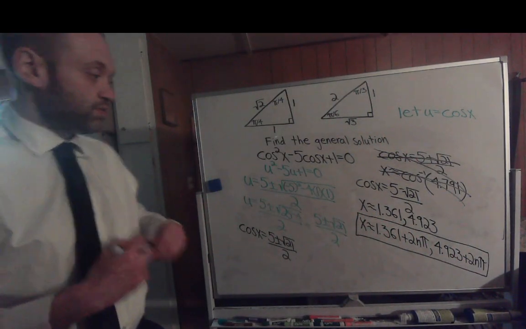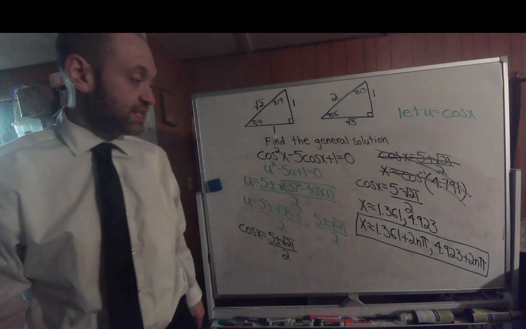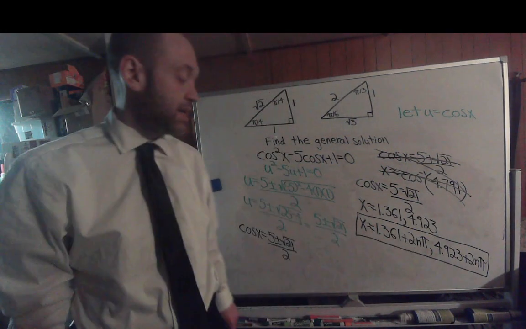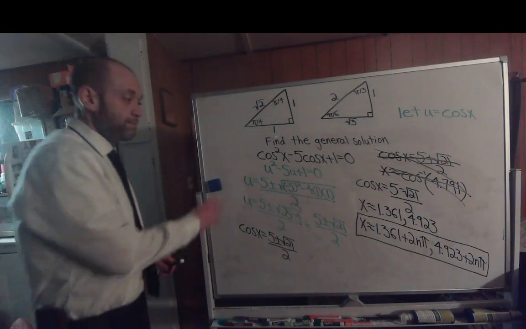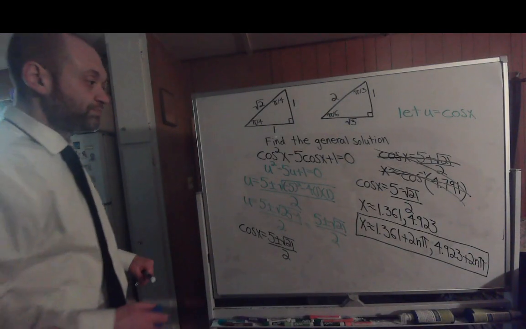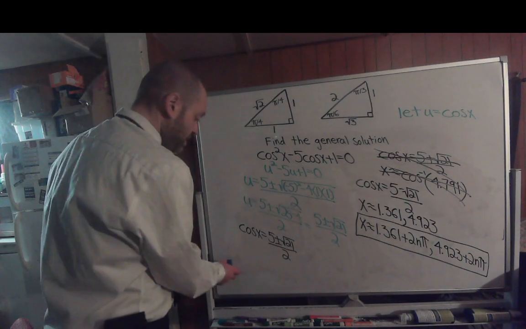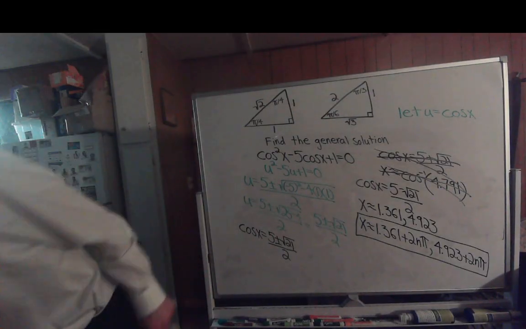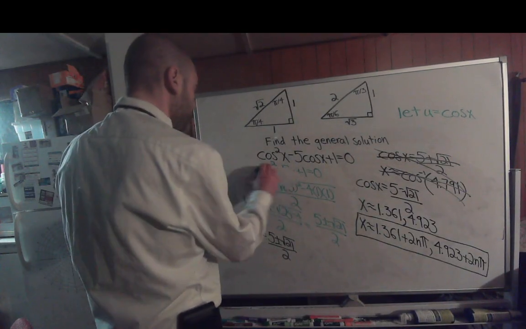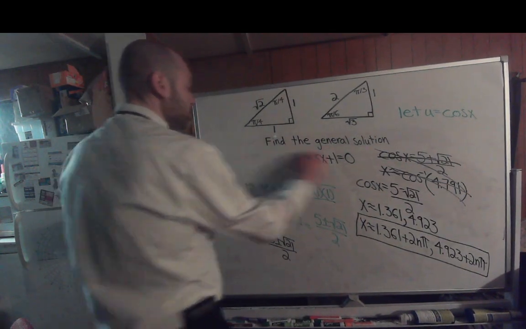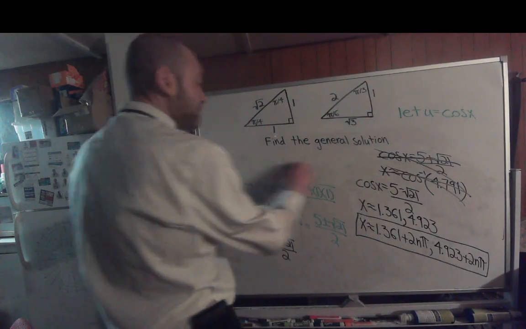So x equals approximately 1.361 plus 2n pi, and then 4.923 plus 2n pi. All right, I should have 4 more here. That one was awful because we had to use the quadratic formula.